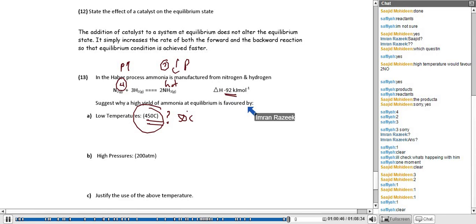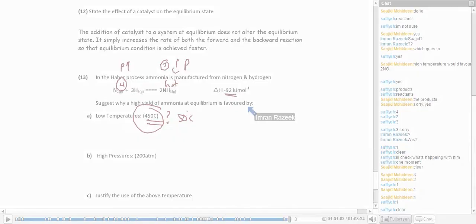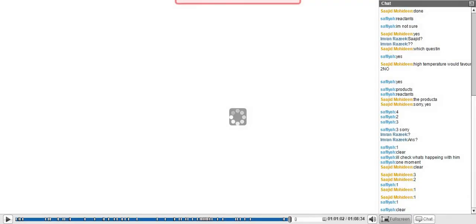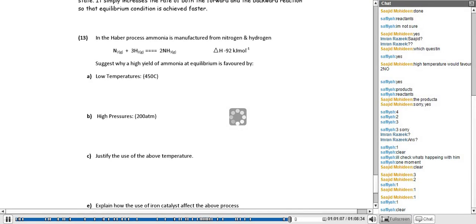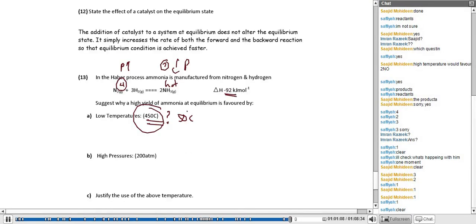So very low temperatures you can't use, very high temperatures you can't use, because very low temperature will favor more products but at a very low rate, and very high temperature will favor the backward reaction. So to compromise both rate and yield, a moderate temperature is used in the Haber process. Not very low, not very high.